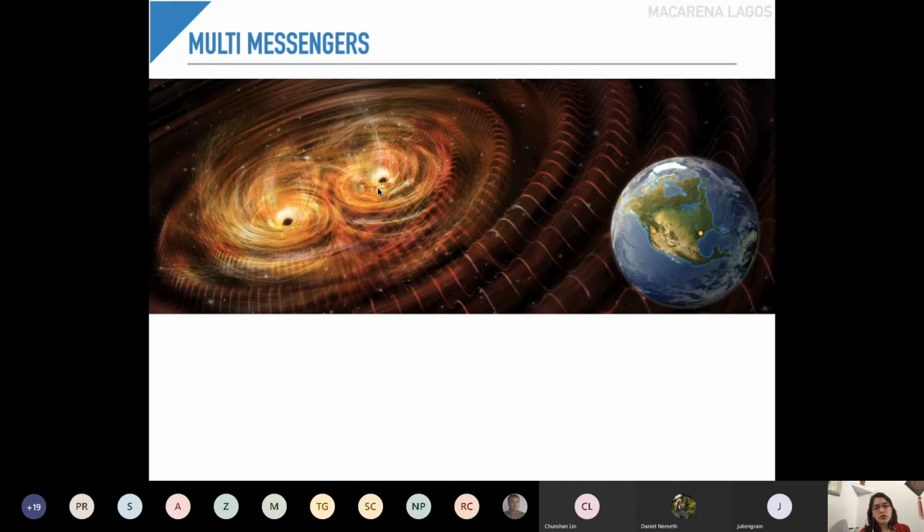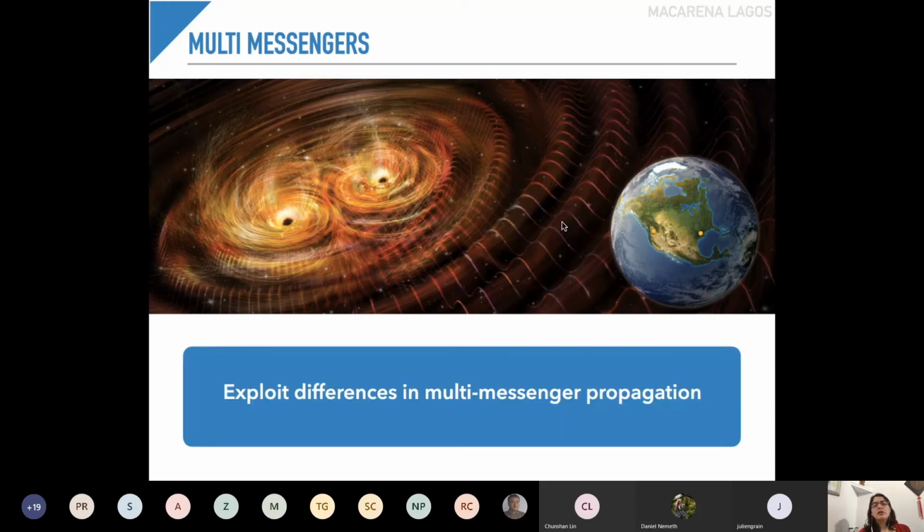They could be neutron stars, but they could also be black holes, supermassive black holes, for example, in a gas-rich environment that also emits light. But the point is that if you get both signals, these multi-messengers, then you can exploit the differences between these two signals to test, well, your cosmology or to test gravity.